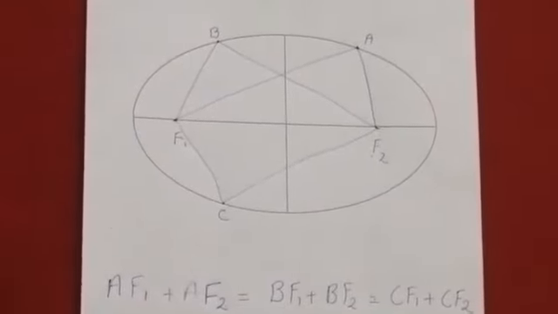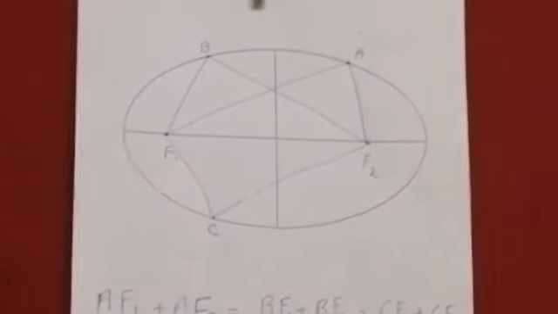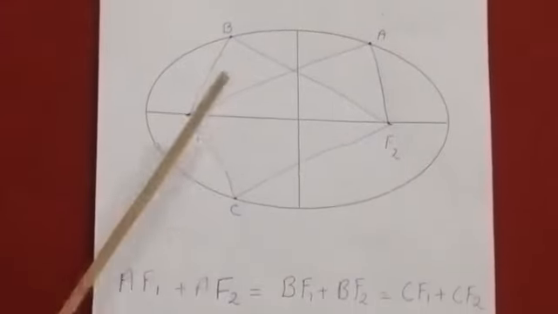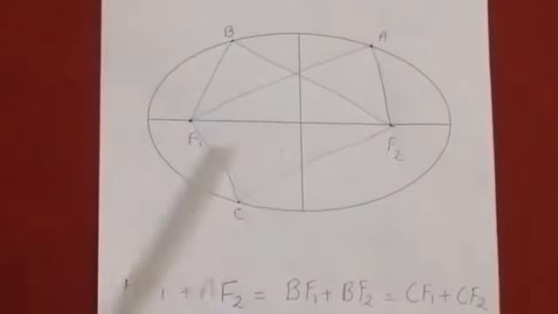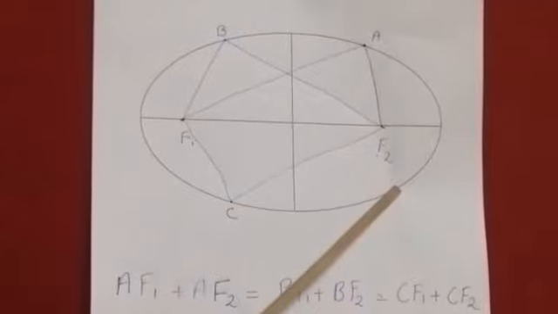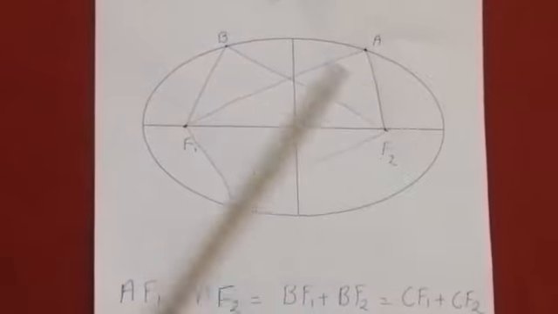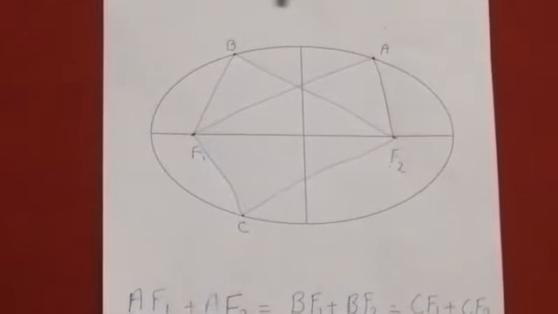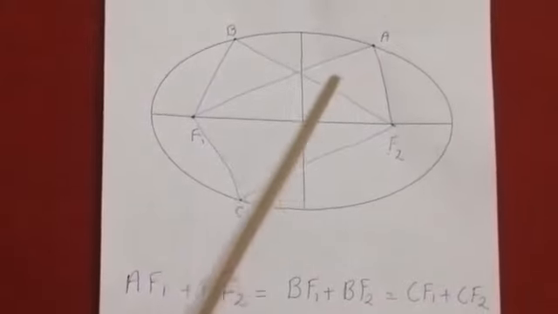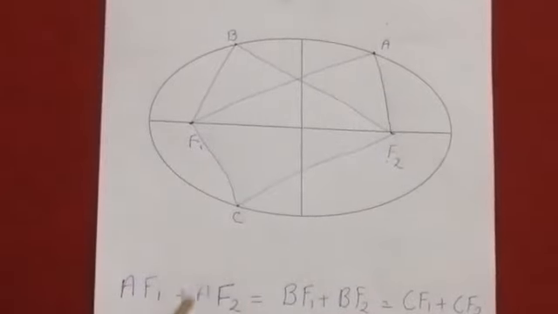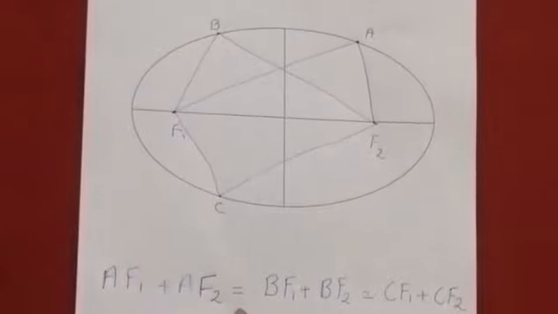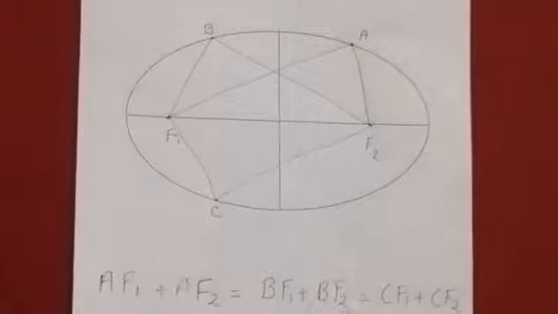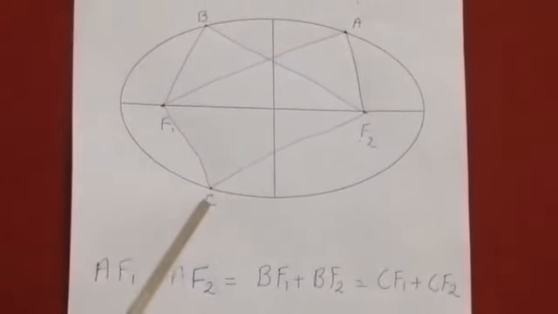Now I will explain one concept. The sum of the distances of the two focal points from every point on the curve is constant. F1 and F2 are the two focal points of the ellipse as shown. And if A, B and C are 3 points on the ellipse, then it is given as AF1 plus AF2 will be equal to BF1 plus BF2 will be equal to CF1 plus CF2.